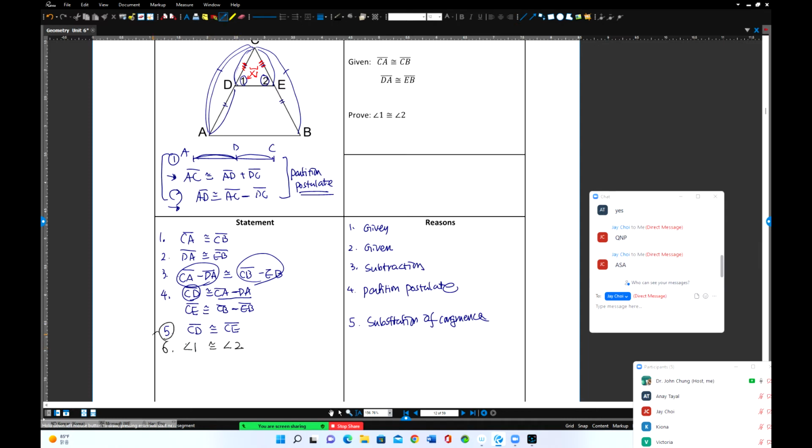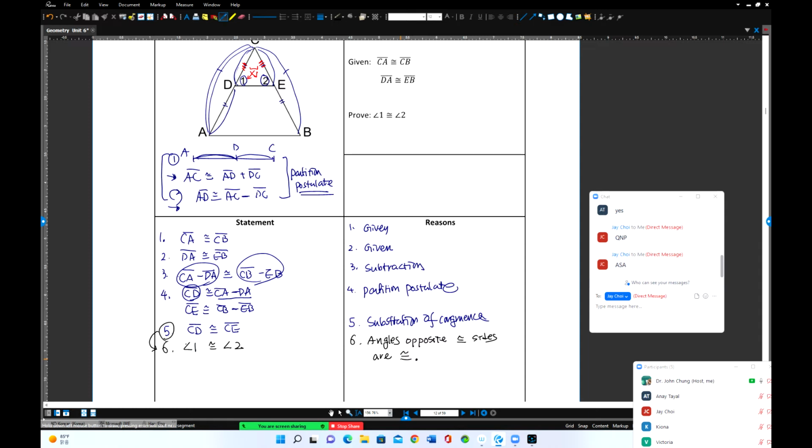The reason is: angles opposite congruent sides are also congruent. That's the symbol. Okay, we're done.